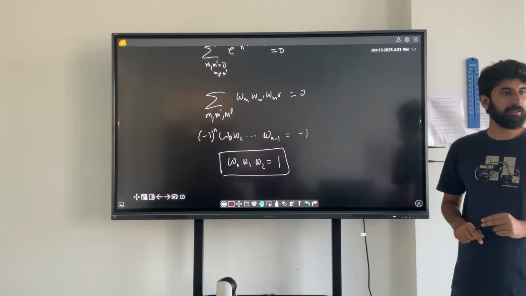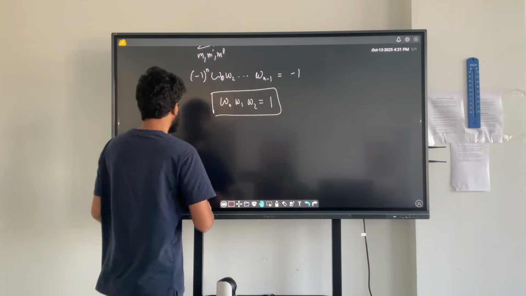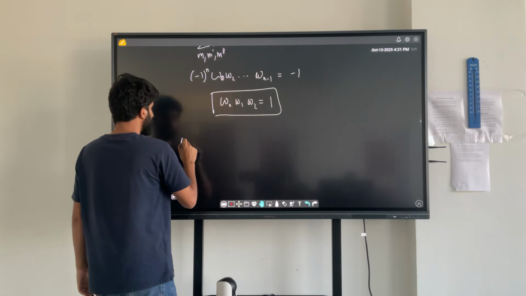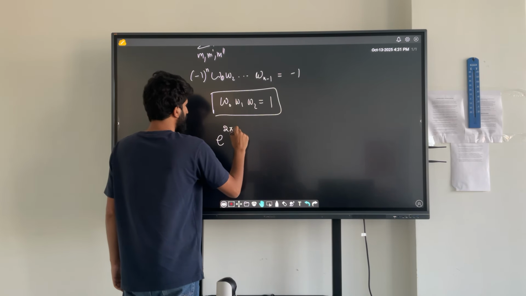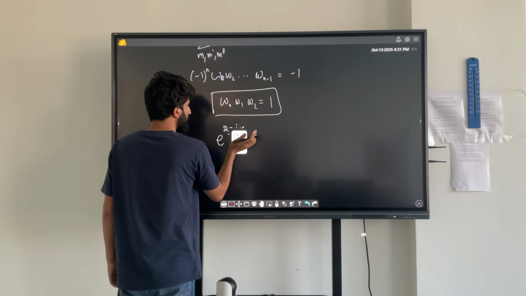So what are these cube roots of unity? Let's try to figure them out. What are the general solutions? What is omega m? e to the power 2 pi i m by n. n is 3 because we're doing cube roots.